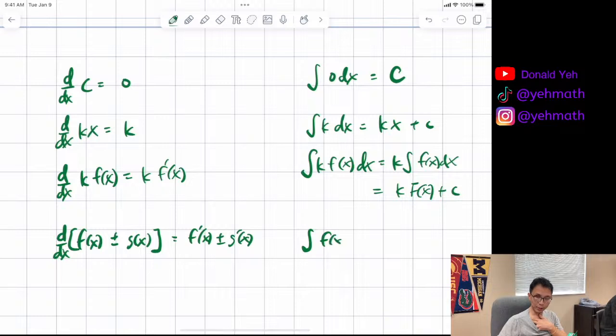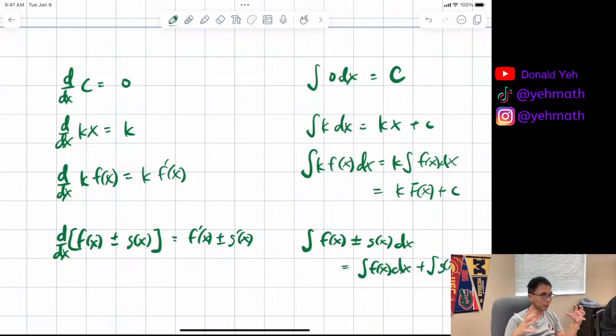The truth is, you can break this down into two integrals: the integration of f(x) dx plus the integration of g(x) dx. You can break it into two separate integrals if you have two separate terms. Very useful.